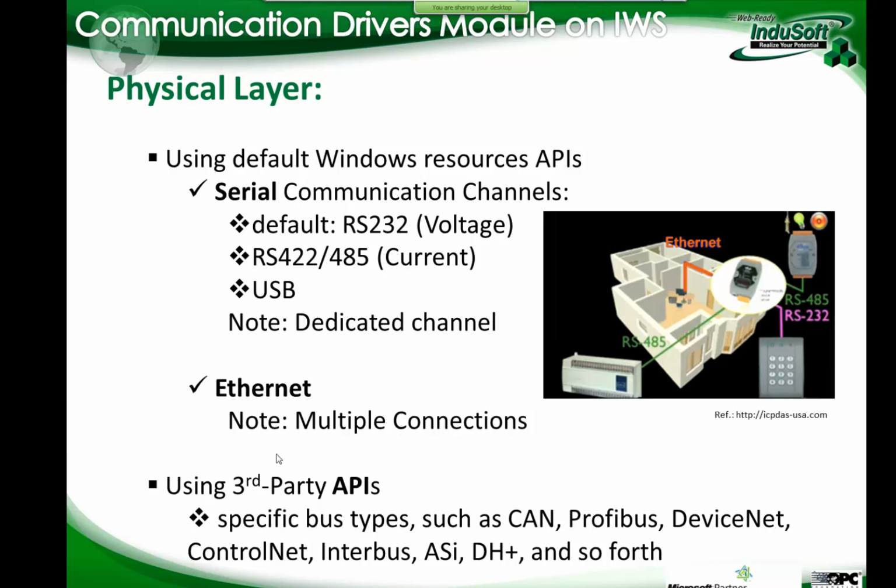So the same physical channel, but with multiple different layers of communication. Or we have the option that, and these two, they use standard Windows APIs, Windows resources. We don't need to install anything on the PC to talk serial or Ethernet, okay? But we have the option to use third-party APIs when you want something more specific. For example, CAN. If you want to talk CAN, you will not be able to buy a computer, let's say HP, Dell, Acer, Asus computers with CAN communications.